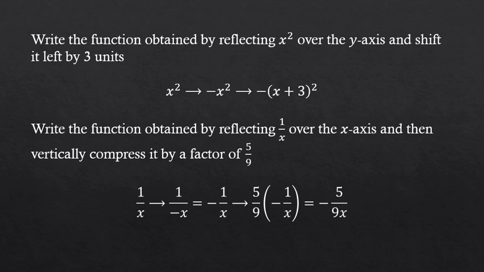You can see how those things look, and then you can graph some of these transformations as well and see what these things look like. So this is how we determine the algebraic change, or the change made to the function itself, just given a list of transformations that have to be made.